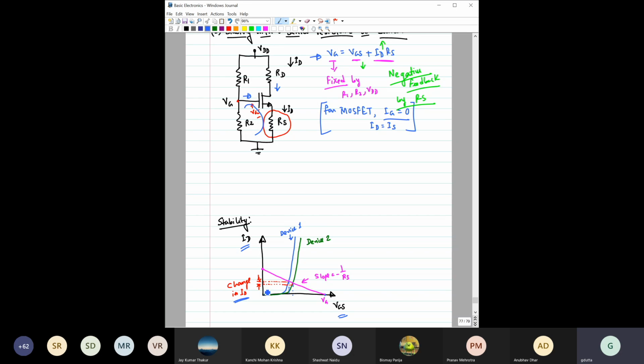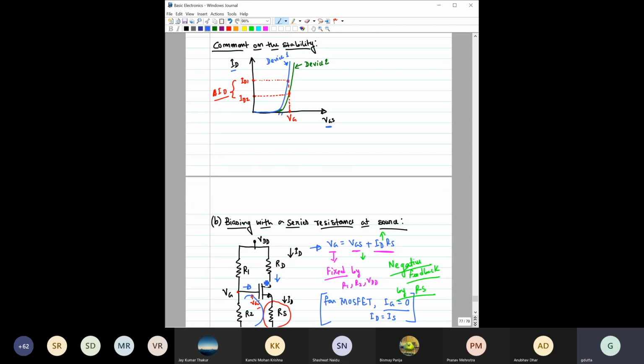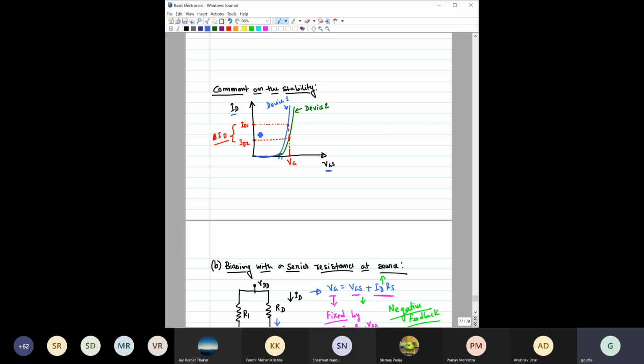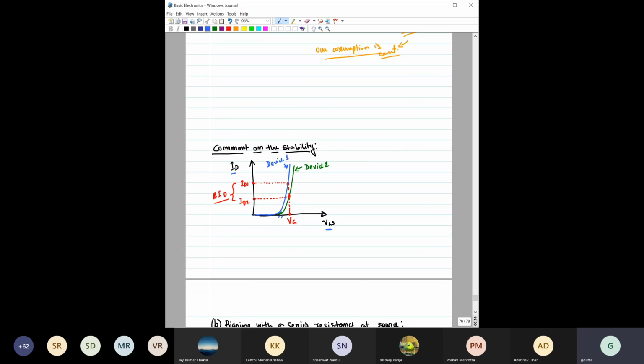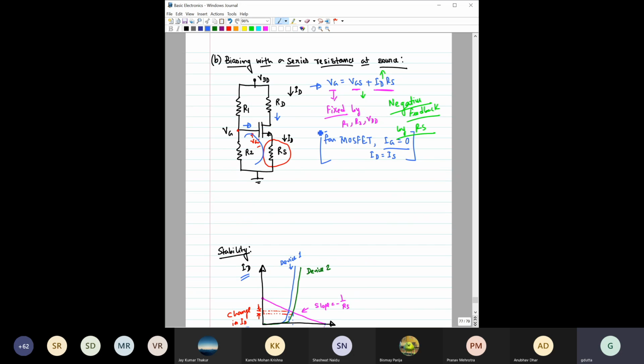You can see the change will be this much compared to the previous case where we do not have this resistor RS. So that way you can see that putting one source resistor will enhance the device DC biasing stability, right?